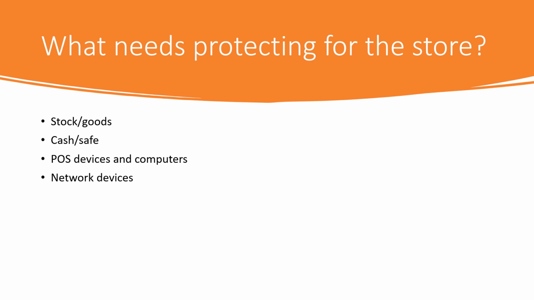You have the POS devices and computers. Normally, computers and POS devices are interconnected at cash registers where customers go to do their transactions with their debit or credit cards. And then there are the network devices, which includes the firewalls, network video recorders, access points, cameras, etc.